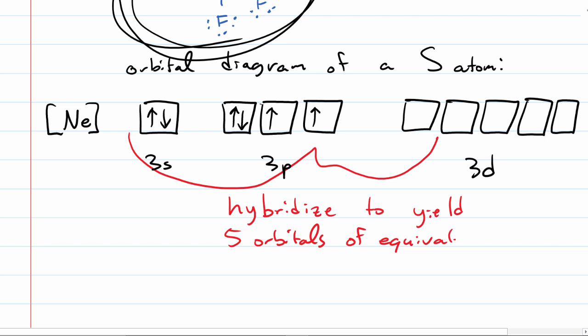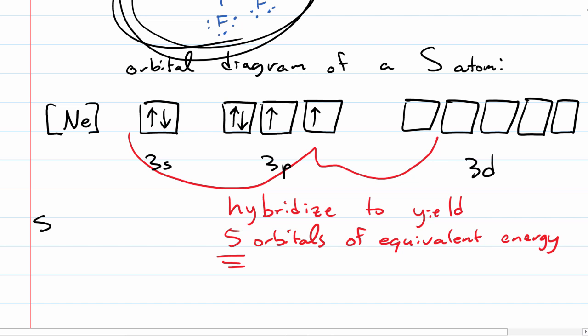And again, we get the 5 orbitals simply because we have 5 groups around the central atom. That's how we decided on this number 5. And so that means we have to select 5 orbitals. We only have 4 of them in the S and P, so that means we need to use 1 from the D. Now the names of these hybrid orbitals, what are these going to be called?